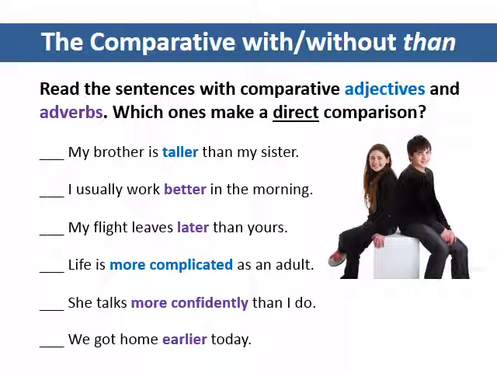Which ones make a direct comparison? Three sentences make direct comparisons using than. In the other examples, the comparisons are obvious or understood, so than is not used.